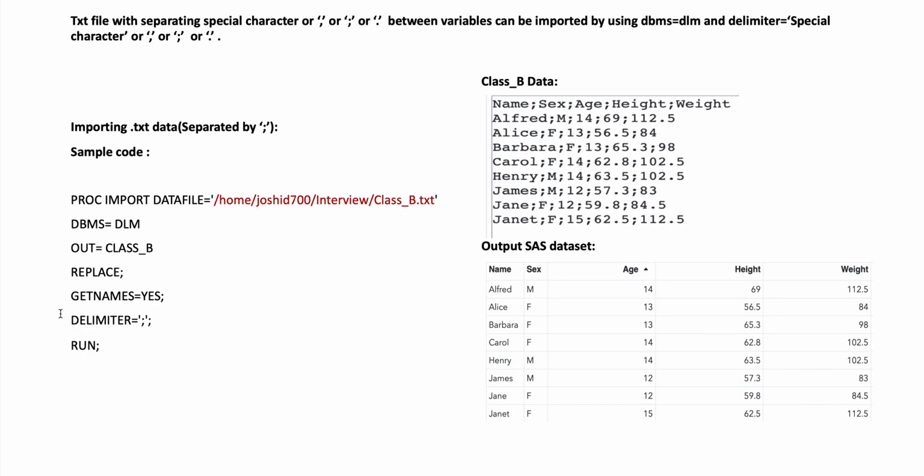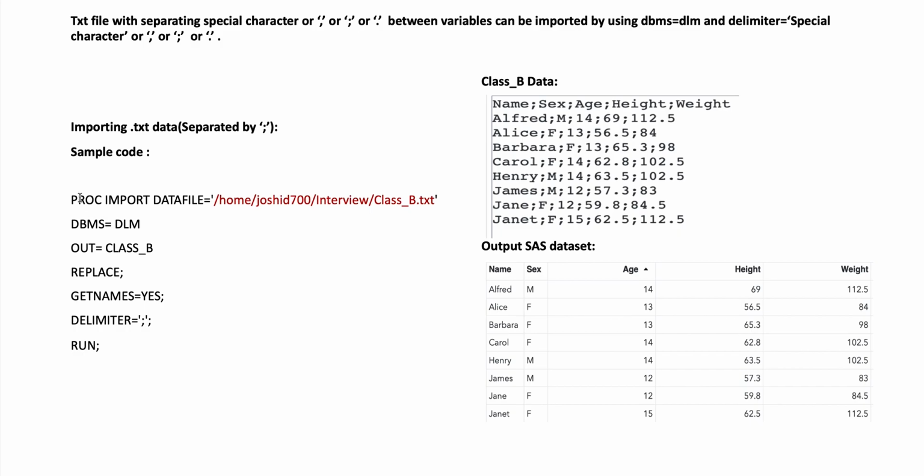Now we provide here delimiter equals to inside quote semicolon. If the variables are separated by special characters or comma or dot, then we have to provide those delimiters value here.